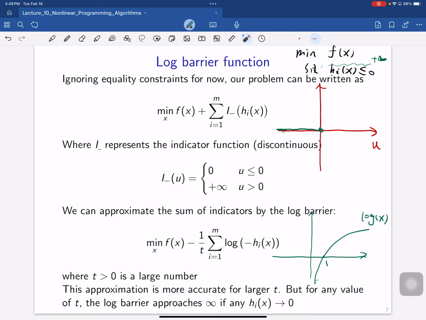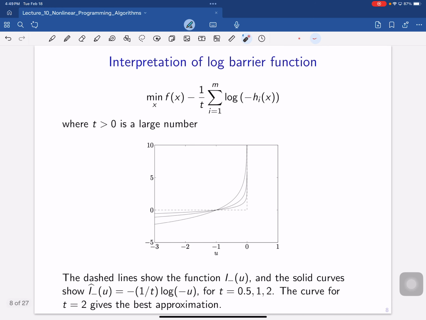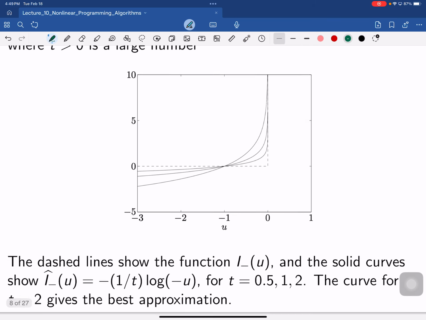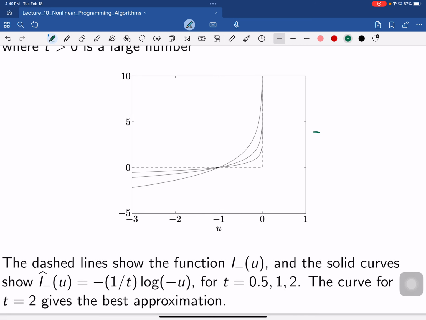Now, what does this 1 over t do here? Let me show you how this function looks. In this figure, it shows the function minus 1 over t times log of minus u.